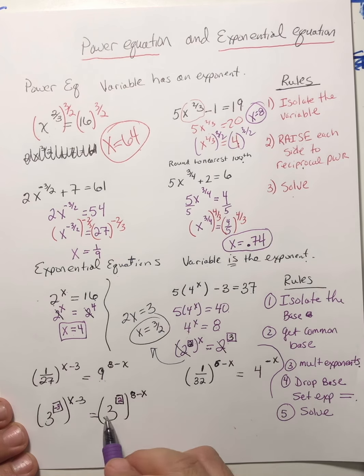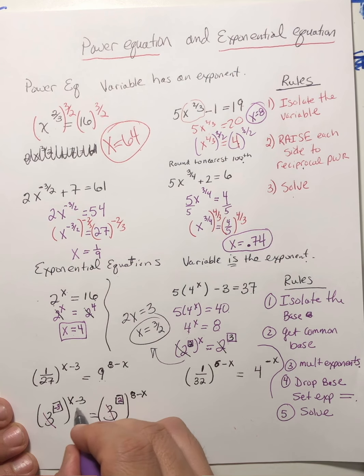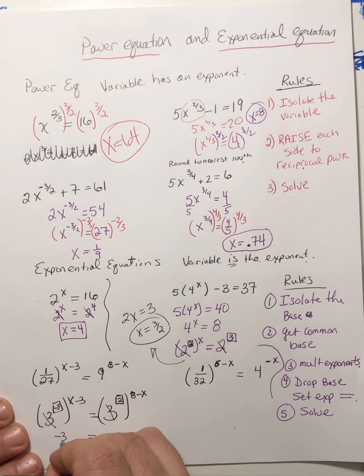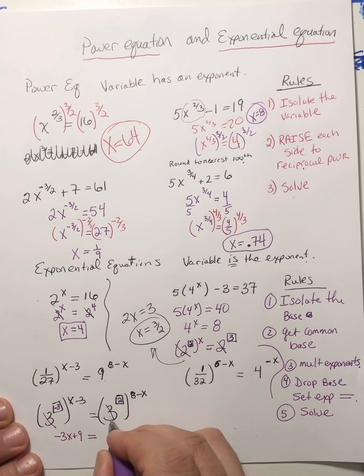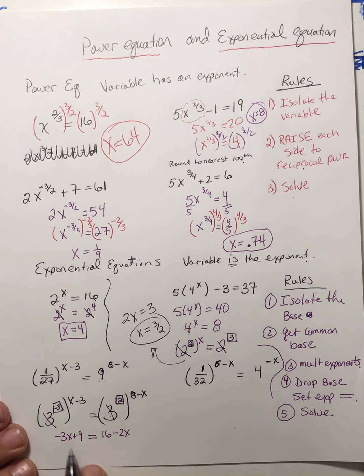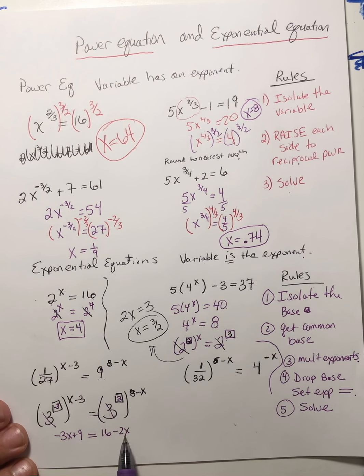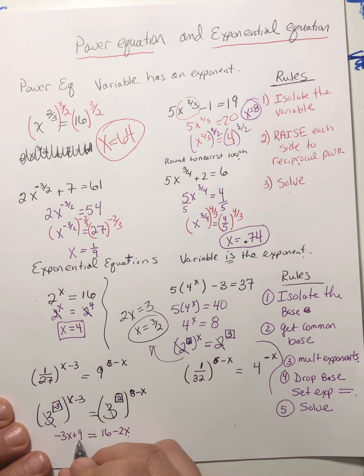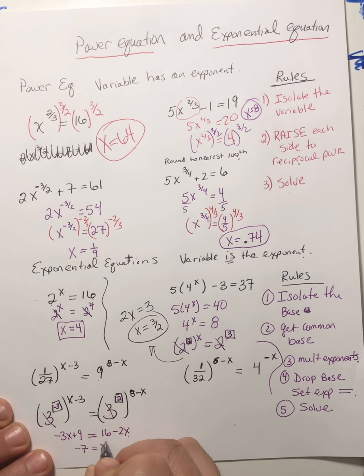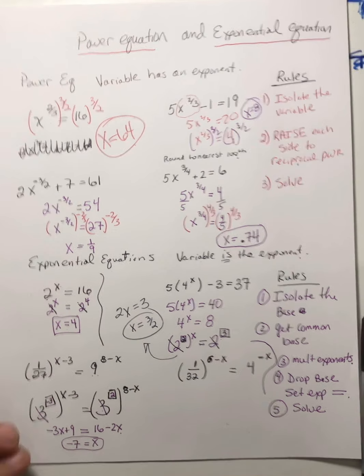The bases are the same. We'll multiply the exponents and we'll set them equal to each other. So negative 3x plus 9, and then 16 minus 2x. So I have a nice easy equation. I've got to add 3, subtract 16. So what do we have? Negative 7 equals x. I made that one too easy.